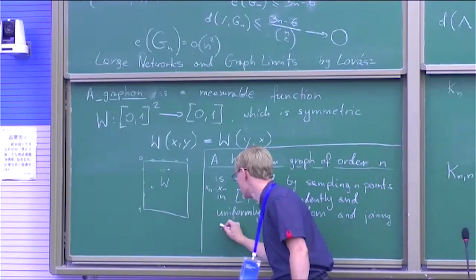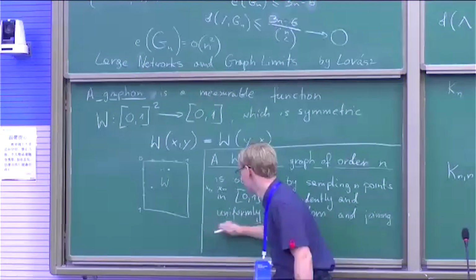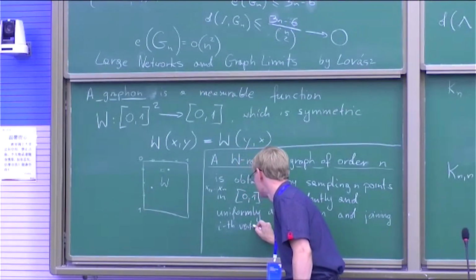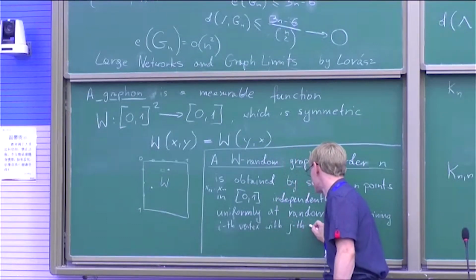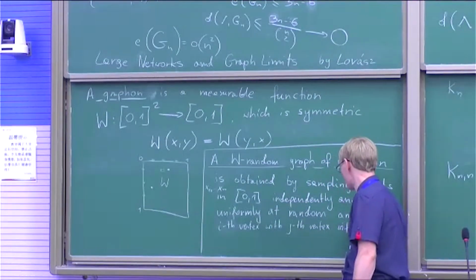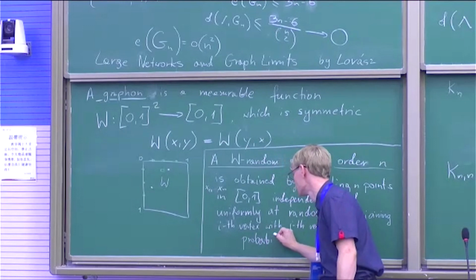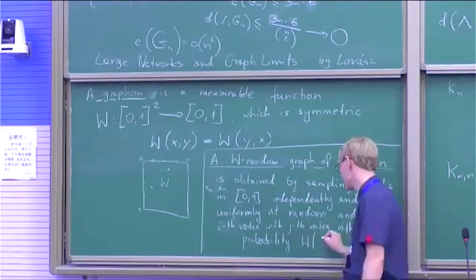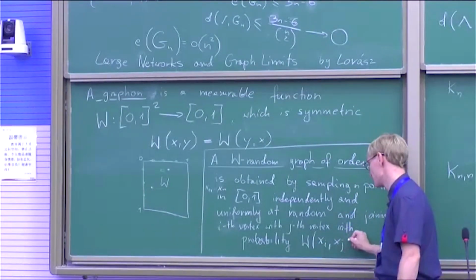And joining vertex i with vertex j with probability given by the graphon, so the value in (xi, xj).